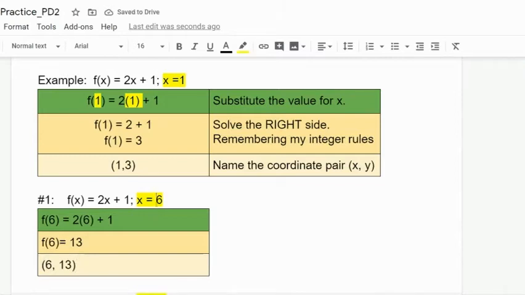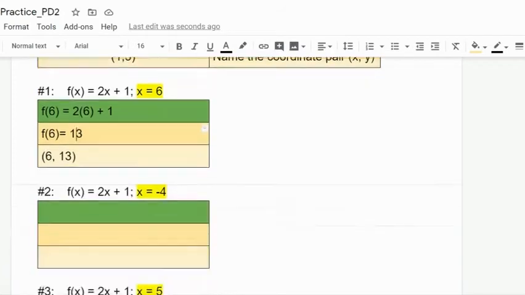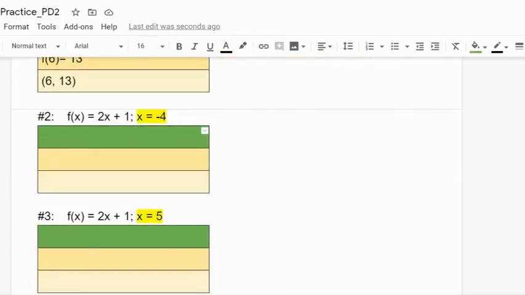So this input of 6 created this output of 13, which is this point. Next one is f of x equals 2x plus 1, and x this time is a negative 4. So I'm going to have f of negative 4, I apologize, equals 2 in parentheses negative 4, because otherwise it would look like 2 minus 4, but we want to make it 2 times negative 4.